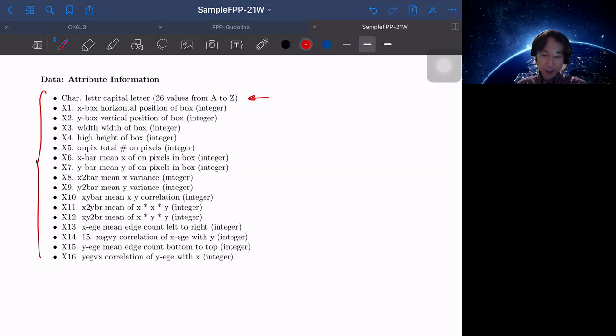Actually, this is not the raw data set. Originally, the data are in pixels, but this is not the data like that; it's summarized data.